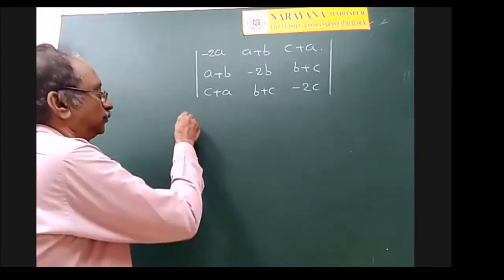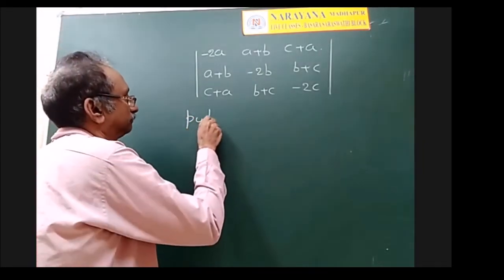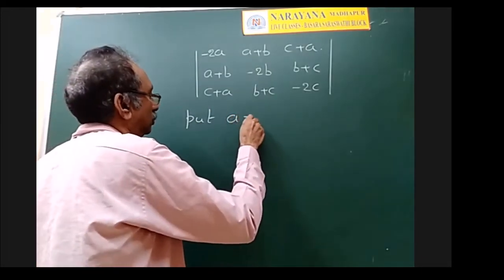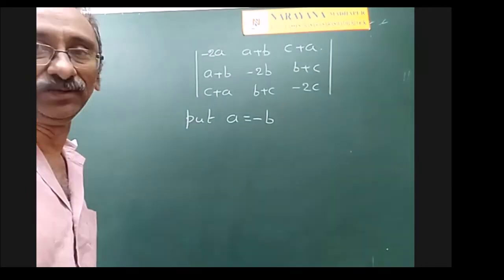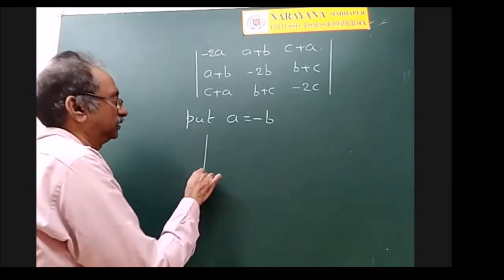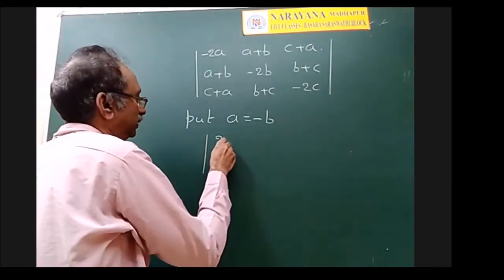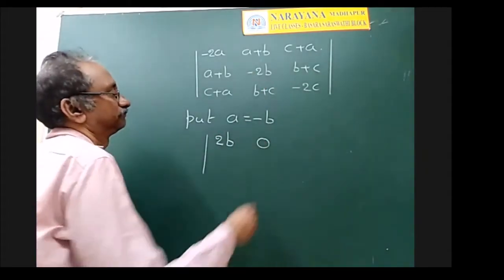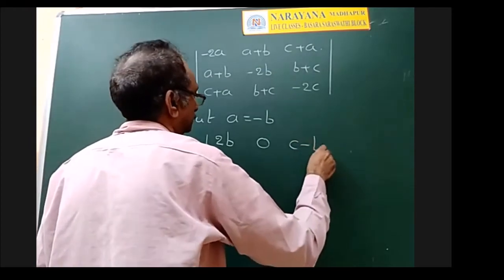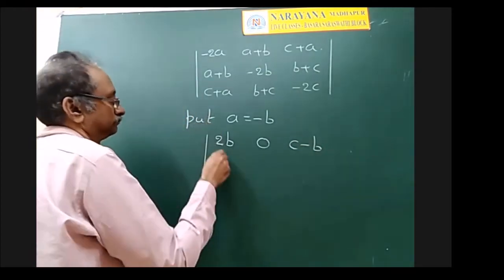See, suppose we put a is equal to minus b. See what happens if you put a is equal to minus b. Then this becomes 2b, this becomes a plus b, 0, this becomes c minus b, and this is 0.